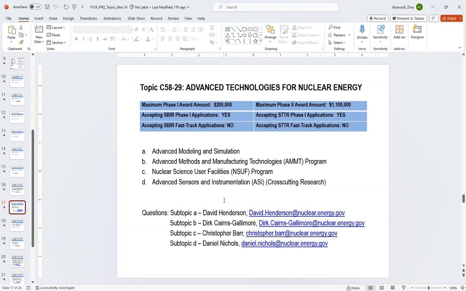I'll highlight that the real focus of this is looking for applications that apply tools that we've already developed or expand on them somewhat, but particularly to apply them to industry problems and try to get increased use. That could be either advanced non-light water reactors or light water reactors. Either one is good. We've listed a few examples in the description of possibilities.